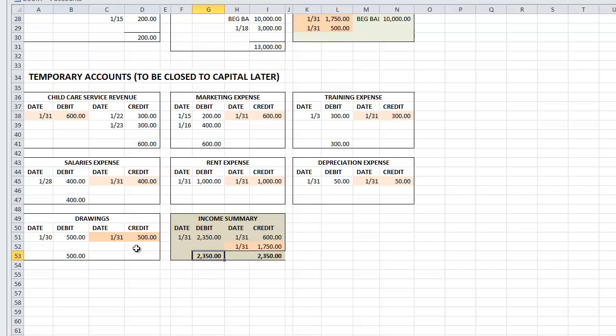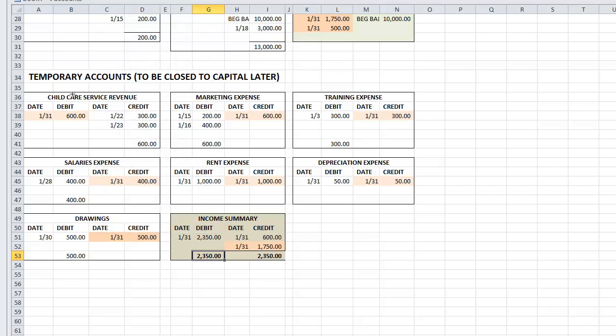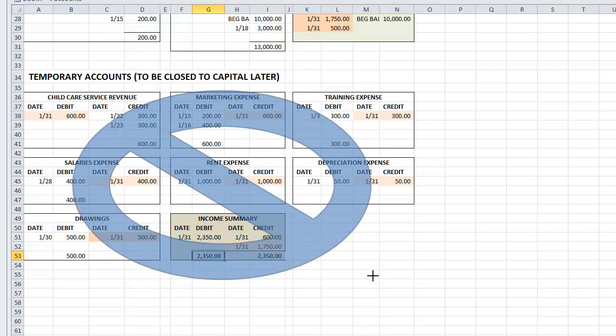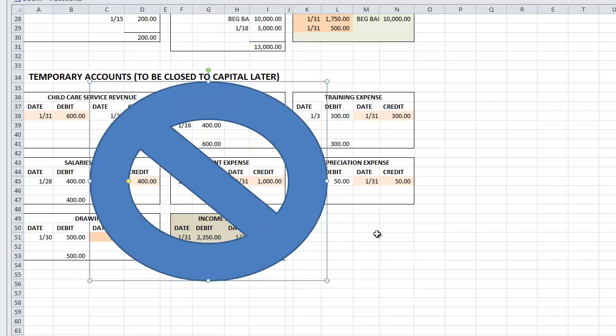These are all closed out, so we can actually just find some type of shape like an X. Come on, X, where are you? Okay, there's no X, but you get the idea, and we know that this is already zeroed out. That's what we accomplish here. We zero out the transactions.